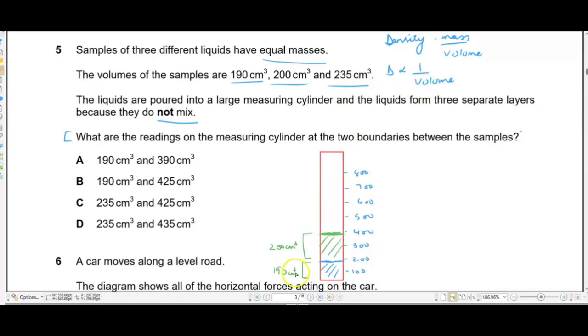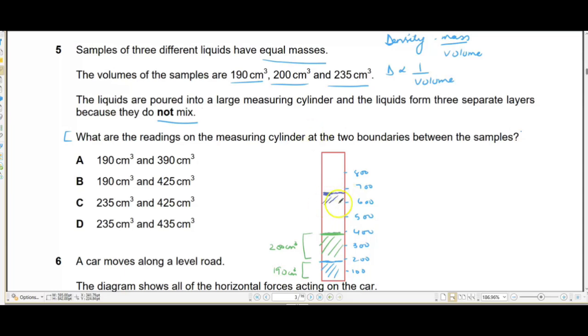So now this is 190 centimeter cube. Lesser the volume, more the density. So this was the most dense liquid, and then came this liquid, and then 235 centimeter cubes is the third liquid, which was the least dense because it had the most volume. So 200 and around over here, roughly around here, it's going to be the third liquid.